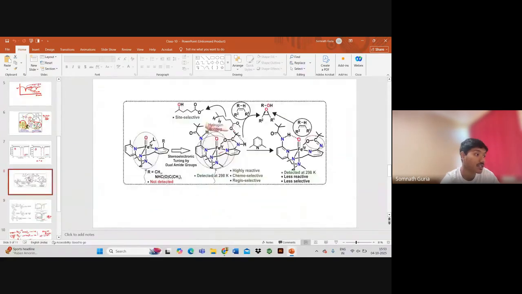Then we also discussed another iron complex, a four coordinated iron species, with some ligand moiety coordinated to it.